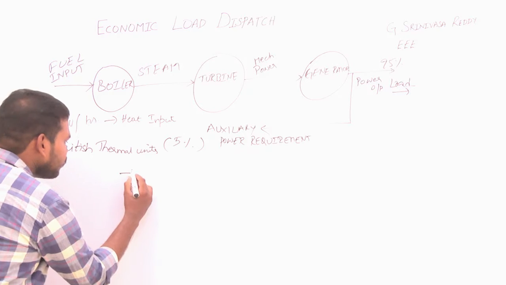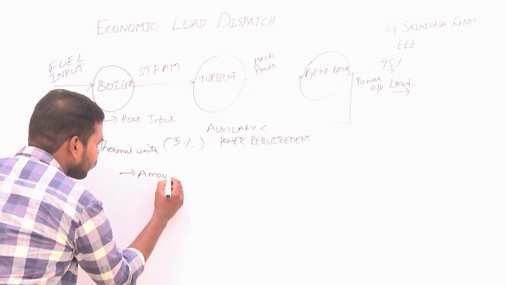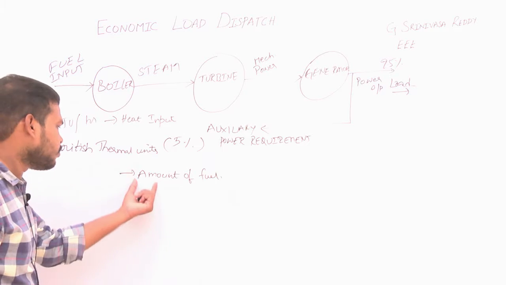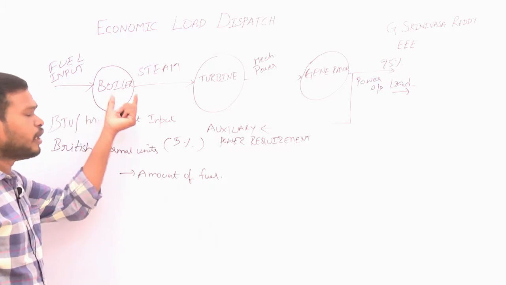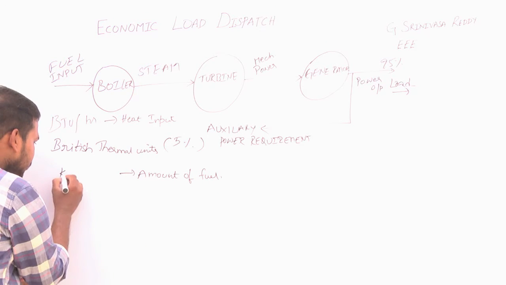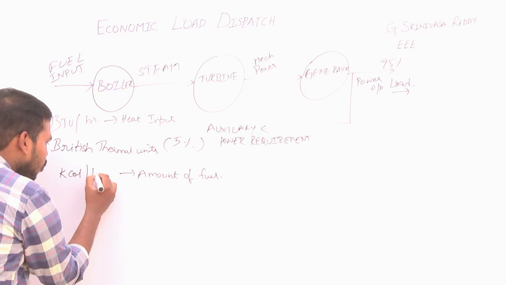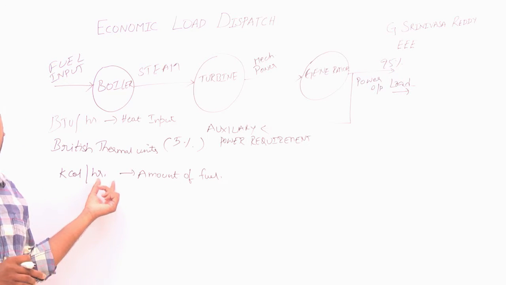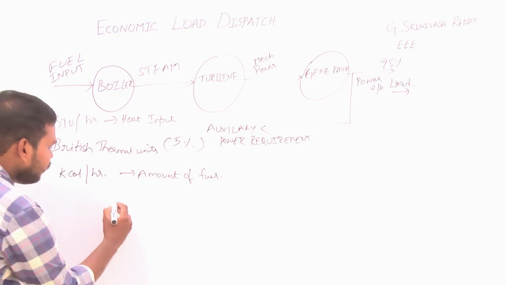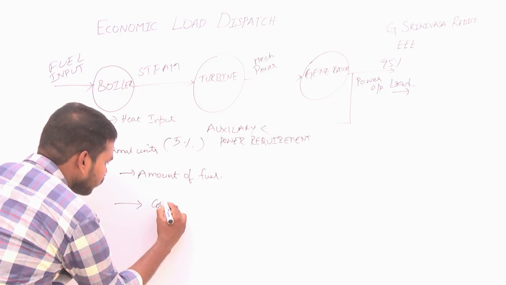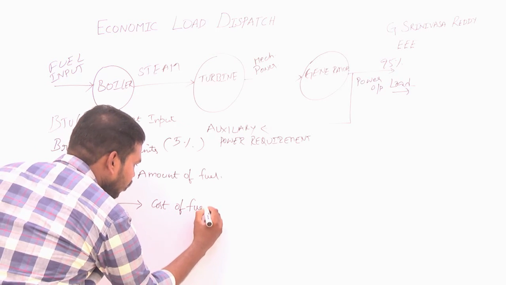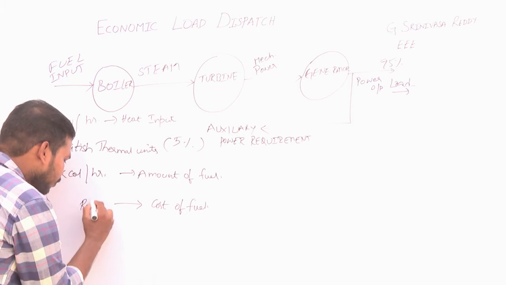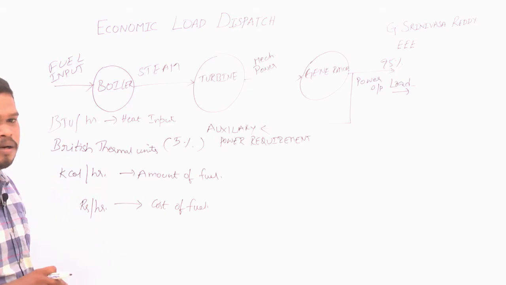If you are talking in terms of amount of fuel input that you are giving to a boiler, that is how much kilocalories that you are giving per hour, kilocalories per hour, right? So if you are talking in terms of cost of fuel, what is the cost of fuel? Then the input can be rupees per hour.